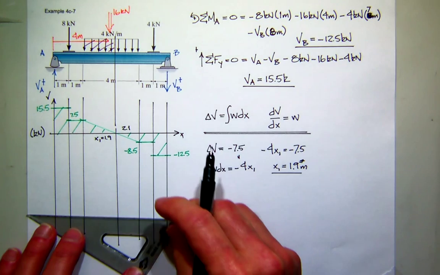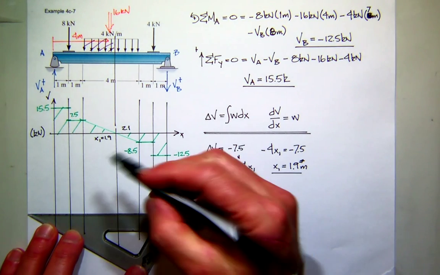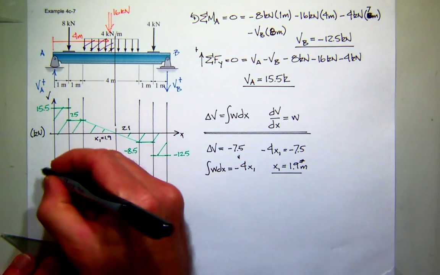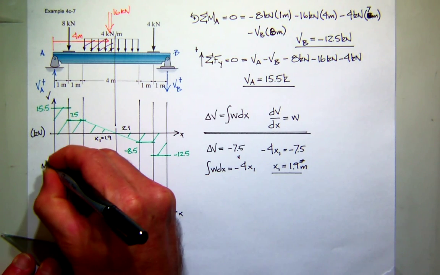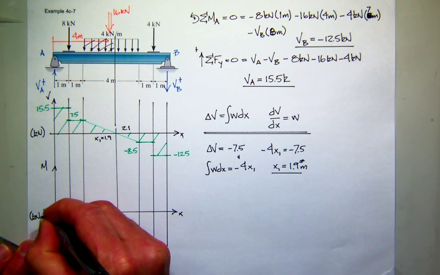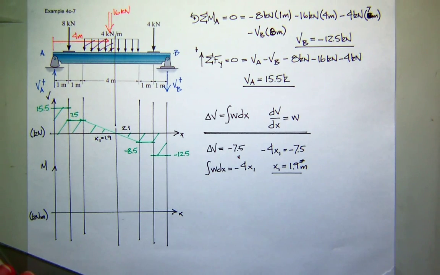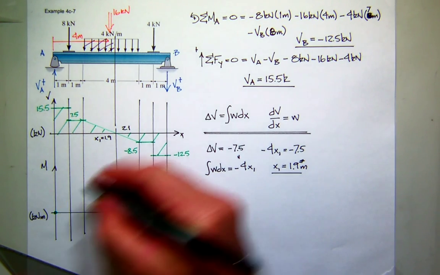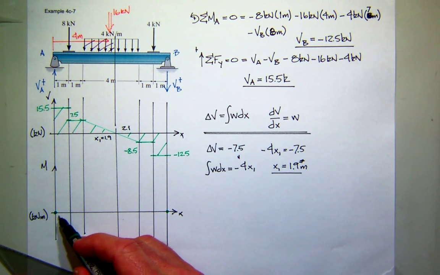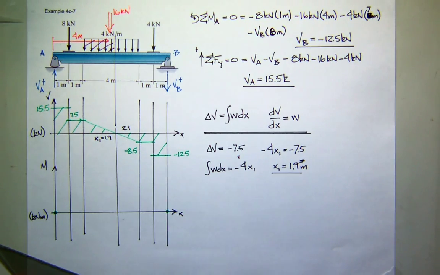So let's see if we can figure this out. Let's start with the x-axis for our diagram, positive moment, and our moment will have the units of kilonewton meters. What's the moment at A? 0. What's the moment at B? 0. So we know we're starting. We need to make these two things connect.